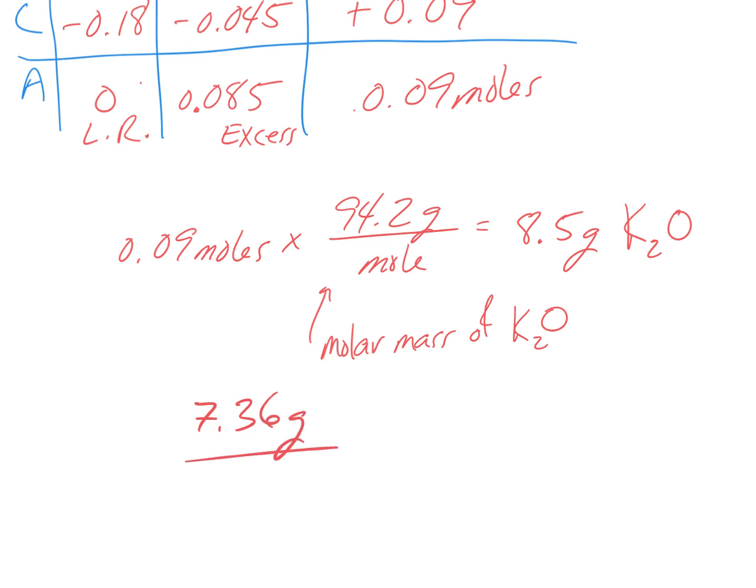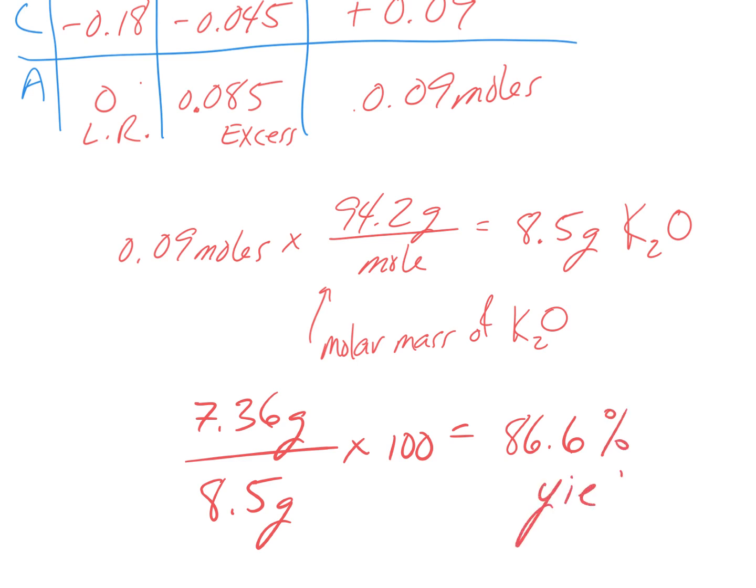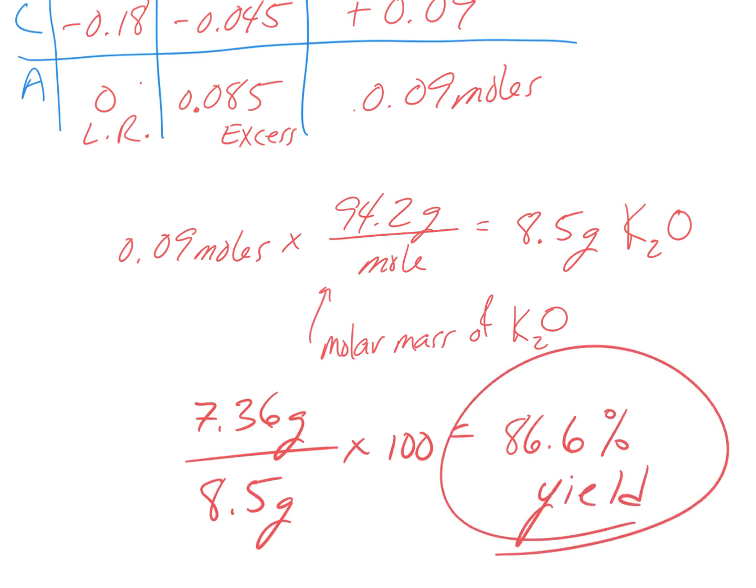All right, we'll divide that by the theoretical amount times 100. 7.36 divided by 8.5 equals, all right, 86.6. Let's make that a little nicer. 86.6% yield. All right, that is our answer.